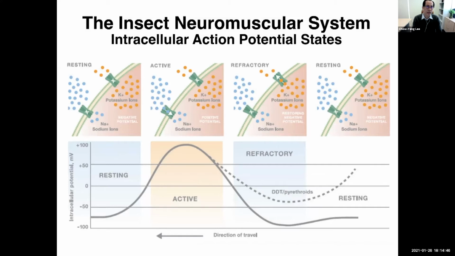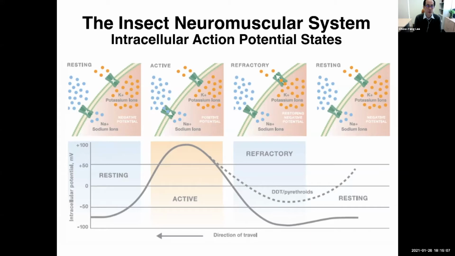So if you look at the axon itself, okay, just look at the axon first. What happens is, under resting potential, you have more sodium on the outside of the cell and more potassium on the inside.